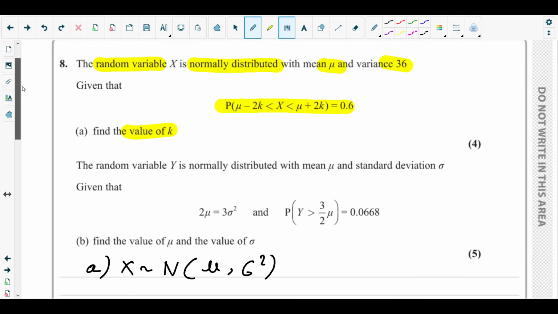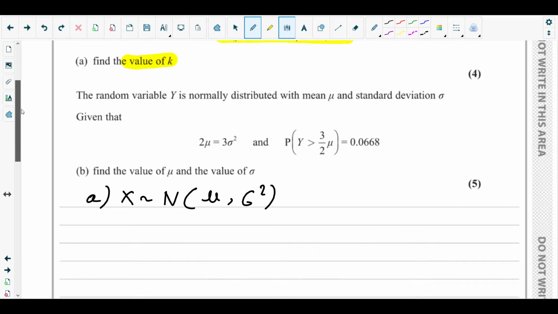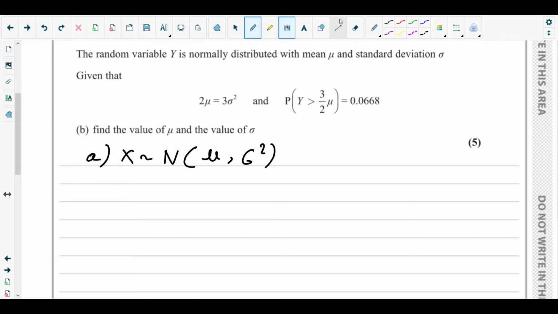In this case we need to consider the bell curve of the normal distribution. This is a very important concept. So let me sketch a bell curve on the right hand side of the solution. It goes up, a symmetrical curve.